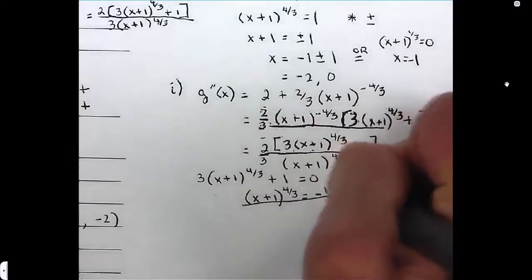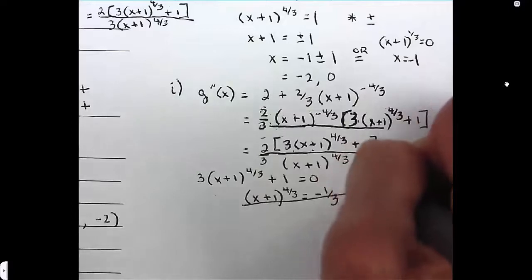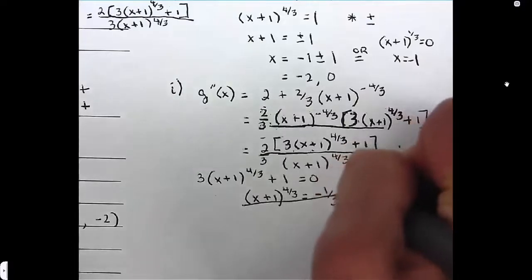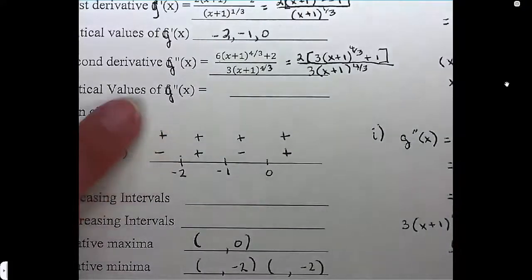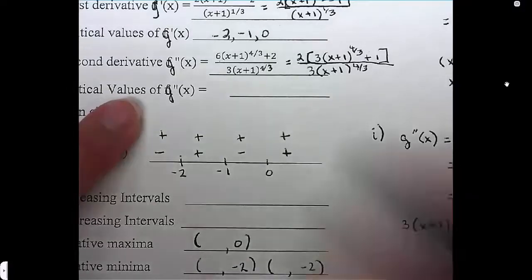So no real solution to that. And what does that tell you about critical values of the second derivative? There are none. What does that tell you about inflection points? There are none.